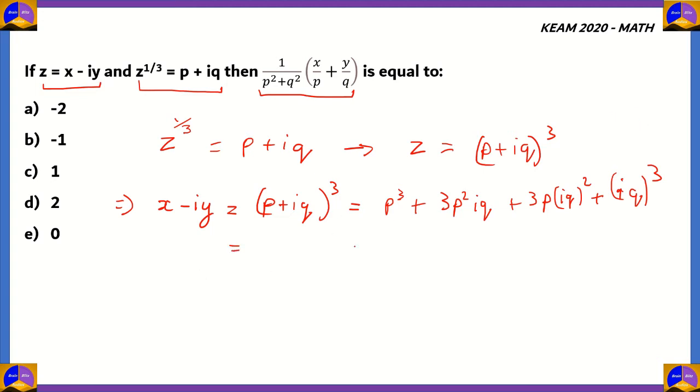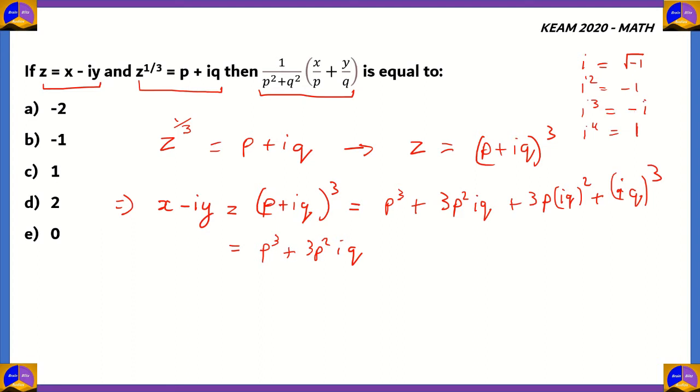So on expanding this, p cube stays the same, plus 3p square iq also stays the same, but we have 3p times i square q square, and since we know that i is the square root of minus 1, i square will be minus 1. Similarly, i cube will be minus i because it's minus 1 times i, and then i raised to 4 will be equal to 1.